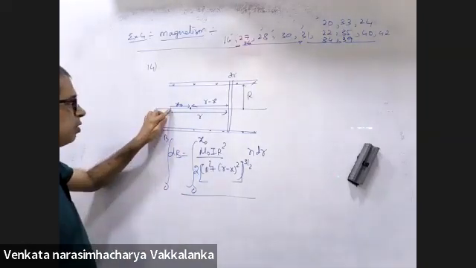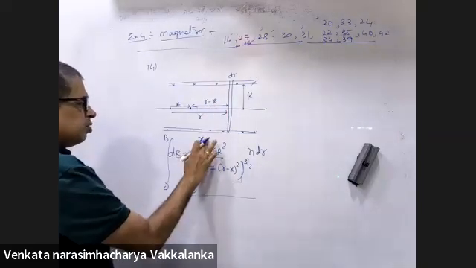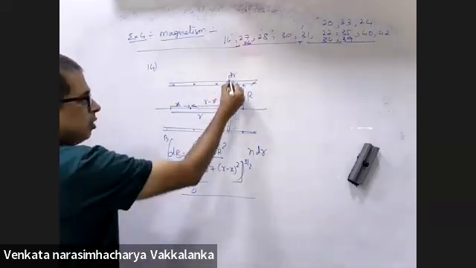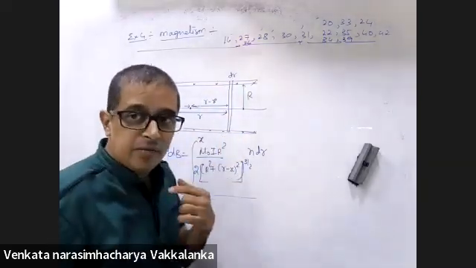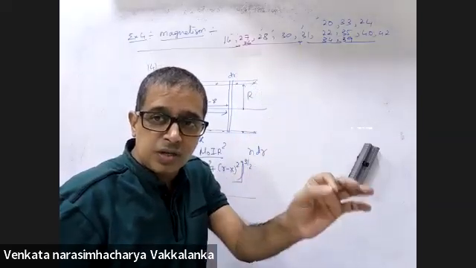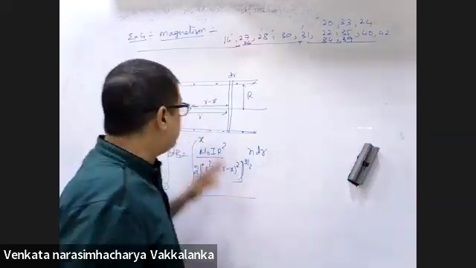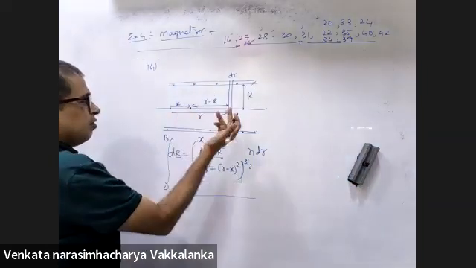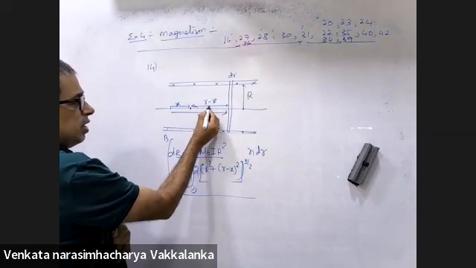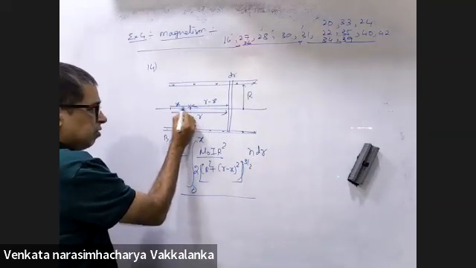Yes, sir. He is asking you to take this distance as x naught. Or take it as x only. Don't even change the symbols. You will consider an element. We are in a psychological mental block of considering an element at a distance of x of thickness dx. Now he used x for a different parameter. So we get confused. This distance is r minus x. So the least value of r is 0, the maximum value of r is x.